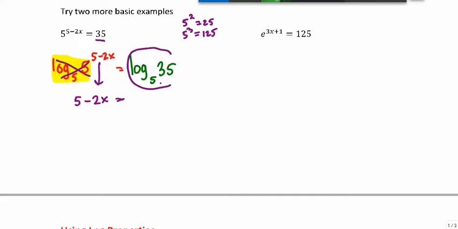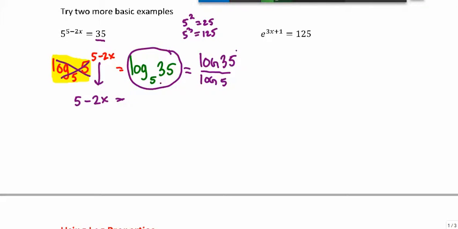And we have a way of converting this with our calculator. It was in one of the earlier lessons, but this can be converted by doing log on my calculator of the bigger number, 35, over log of the base. Remember, the base goes in the basement.